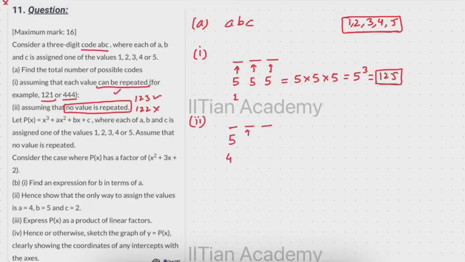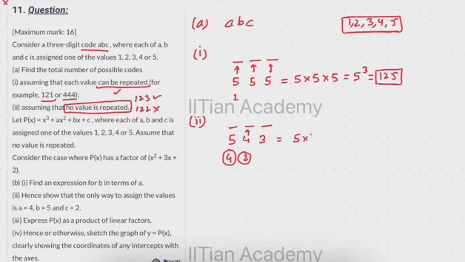Now if we go to the second space, since the value is not to be repeated, the value which has come in the first space is not allowed to be placed in the second space. So now we have only 4 options for the second space. Suppose we place 2 here. Now we have already utilized 2 of these values, and for the third space only 3 options are available.